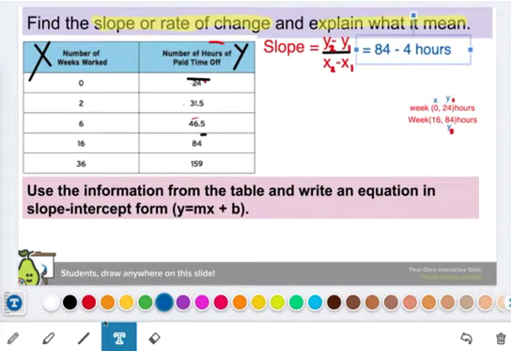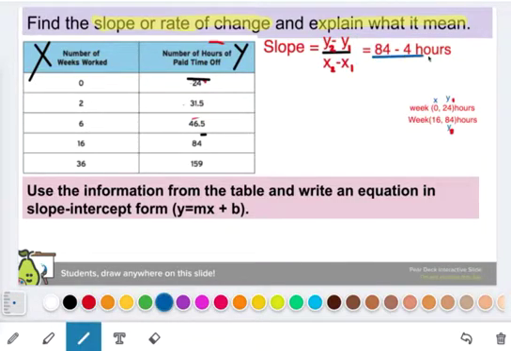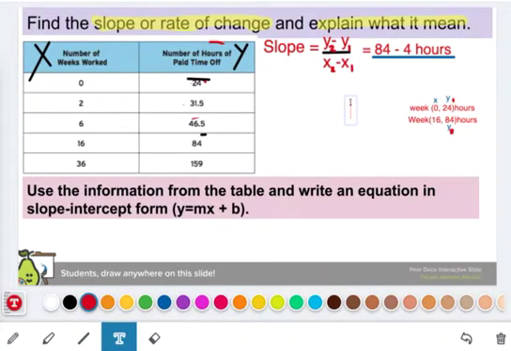Okay, 84 hours over the x's, which is 0 minus 16 weeks. Those are weeks, 0 and 16 weeks.